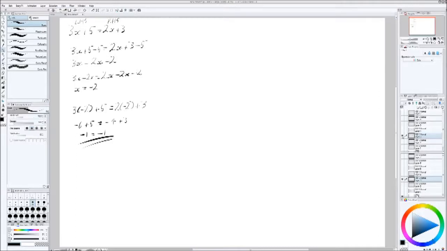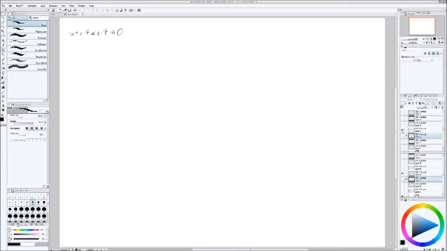So, let's move on to the next one. Now here, we've got what's no longer a linear equation. So, if we were thinking about the one we had before, on a graph, you'd be getting a line that goes like that. Now, I'm actually going to do that in a different color.